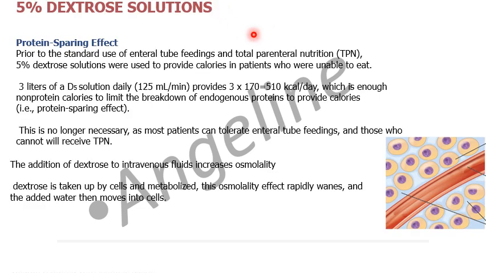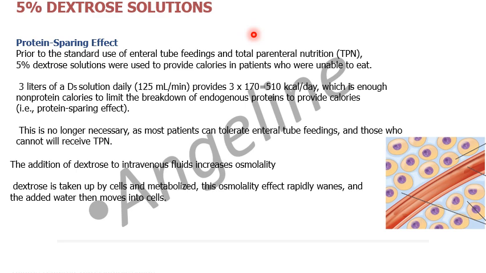Now, what about the last one, which is 5% dextrose solutions? Previously, when enteral feeding or total parenteral nutrition was not available, patients needed some basic calories so that they don't lose their muscle mass. So dextrose was being given to provide that non-protein calorie and thus spare the protein.